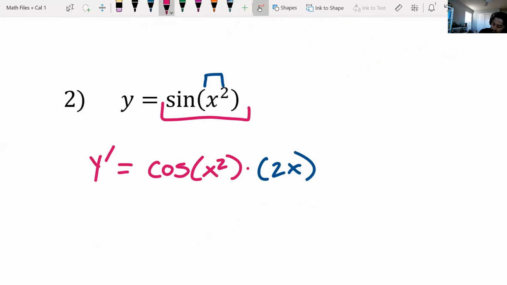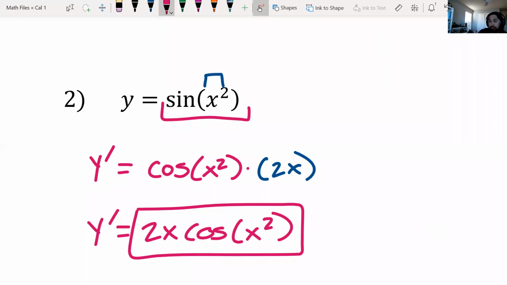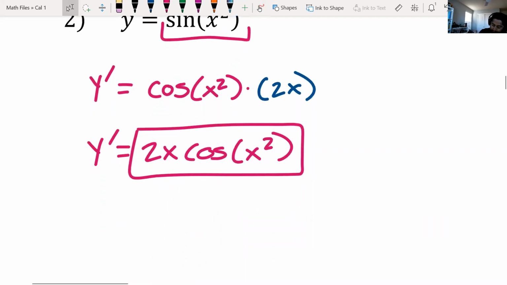Okay, put it together, and you get y prime equals 2x cosine x squared. There it is. All good? Not bad. Okay.